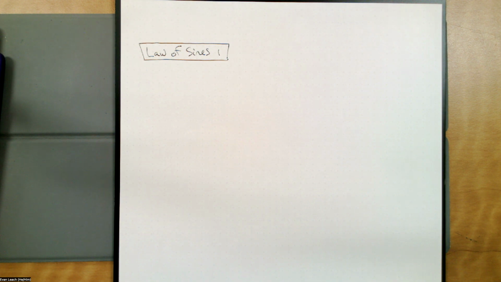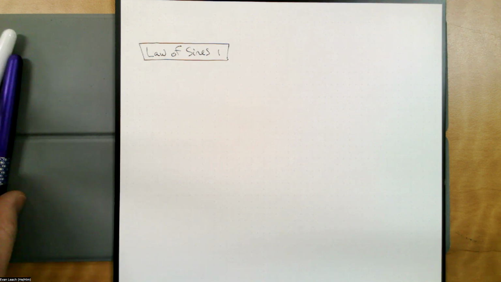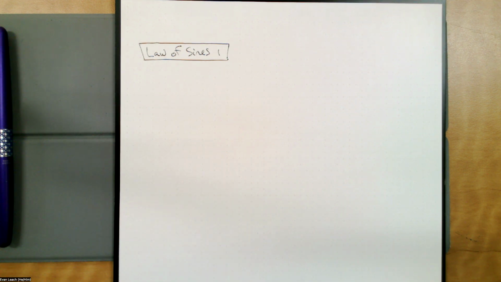The law of sines says the following. The law of sines says that the ratio of the sine of an angle to the side opposite that angle is constant in any triangle. You don't want to copy this part down. I mean, maybe you do. But it's not the functional part.